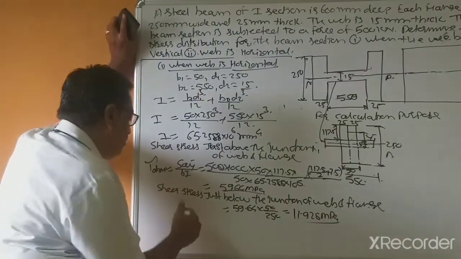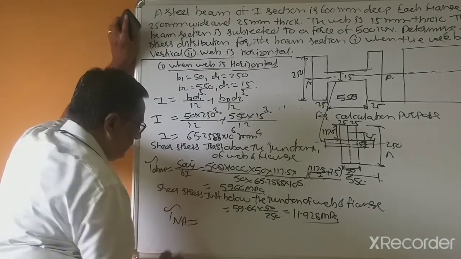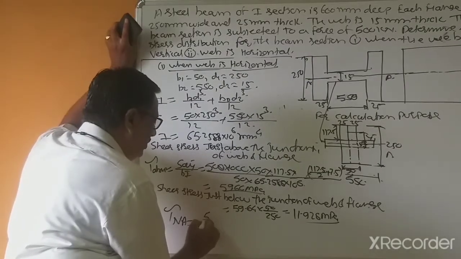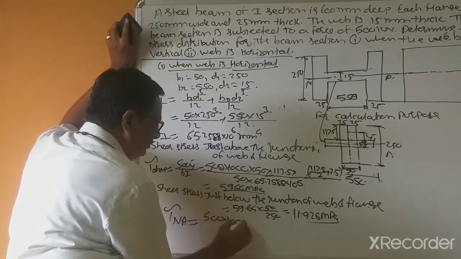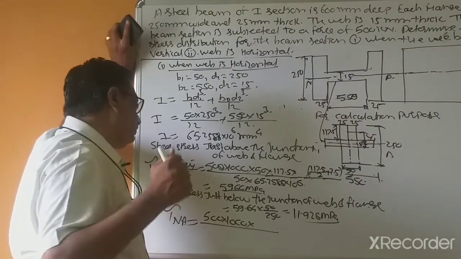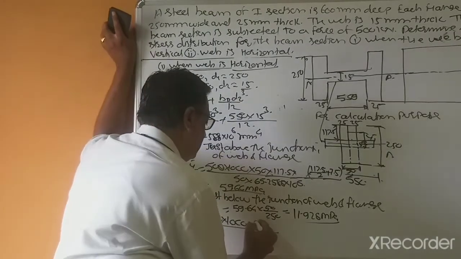Now shear stress at neutral axis. Now directly can I write S equal to 500 into 1000 in bracket.